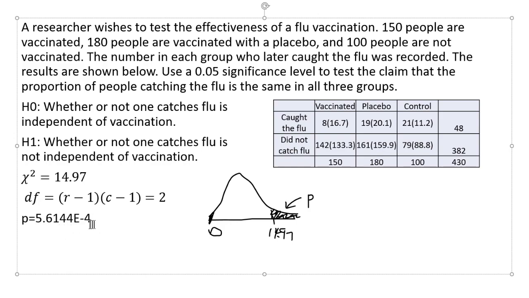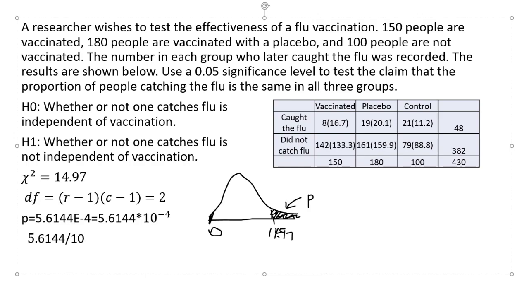Now, a few people get confused if they see this e negative 4. What this means is 5.6144 times 10 to the negative 4th power. It's scientific notation. And in order to change this into a regular notation, you have to keep in mind that negative power means fraction. So you get 5.6144 divided by 10 to the 4th power.